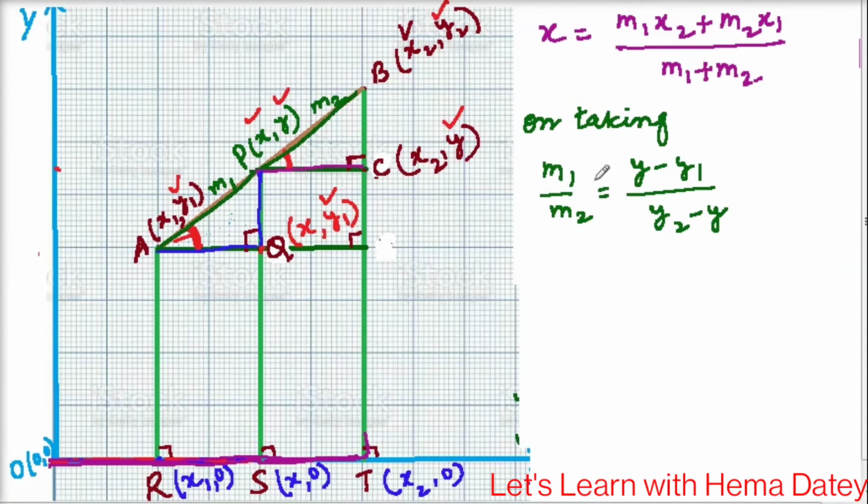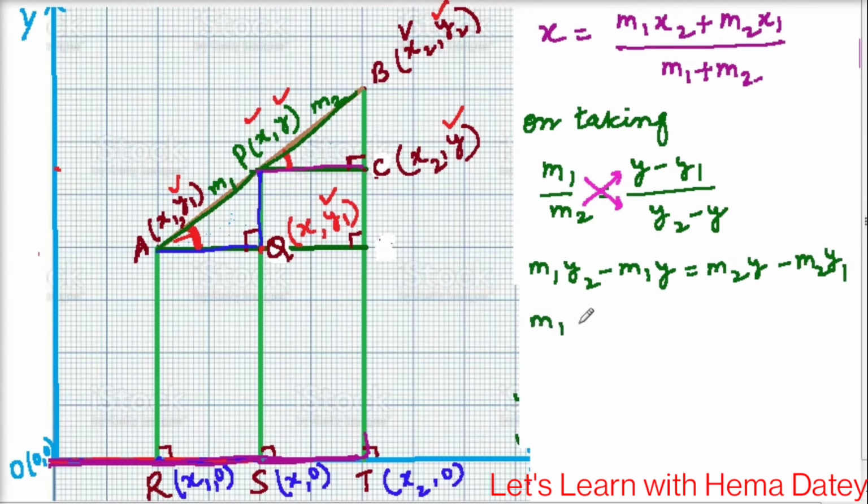Let's do cross multiplication. We'll get m1y2 minus m1y equals to m2y minus m2y1. We will shift m1y to the right hand side to make it positive.